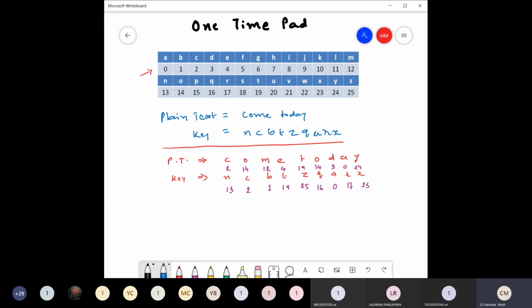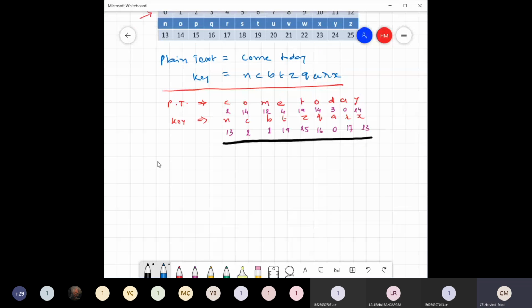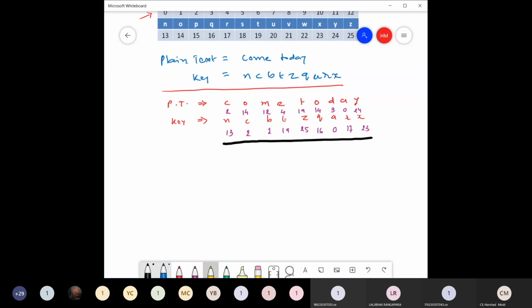Now we have to sum these two, meaning 13 plus 2, 14 plus 2, like that. So here it will be 15, here it will be 16, here it will be 13, 23, 44, 30, 3 and 7.